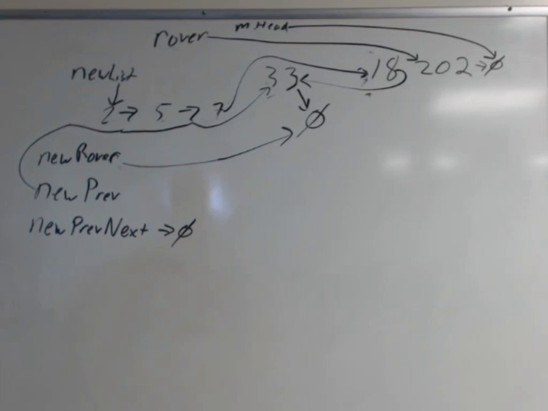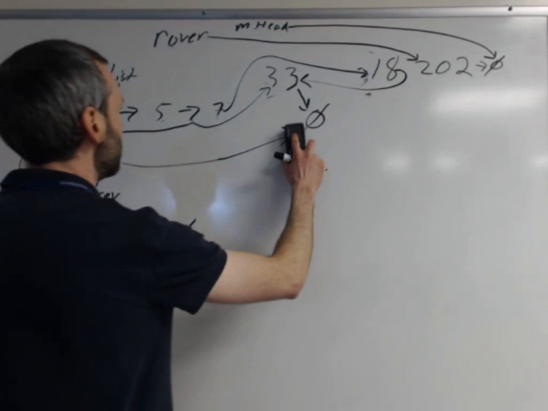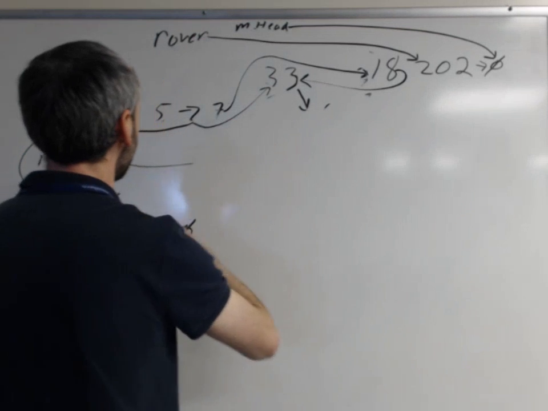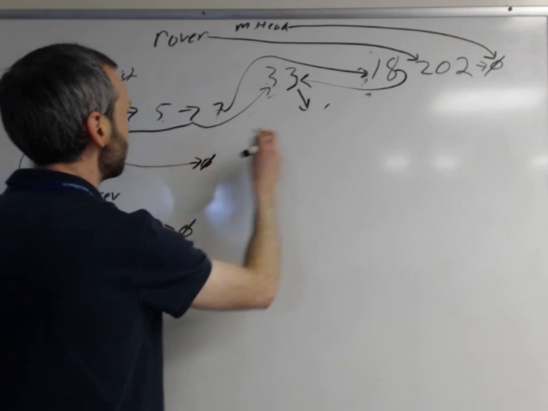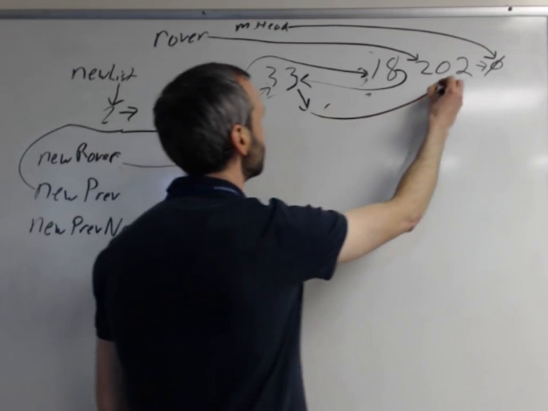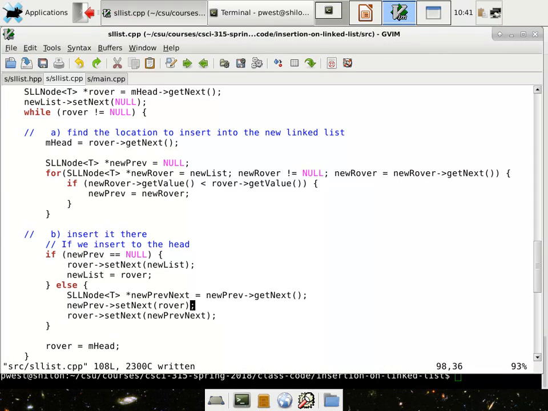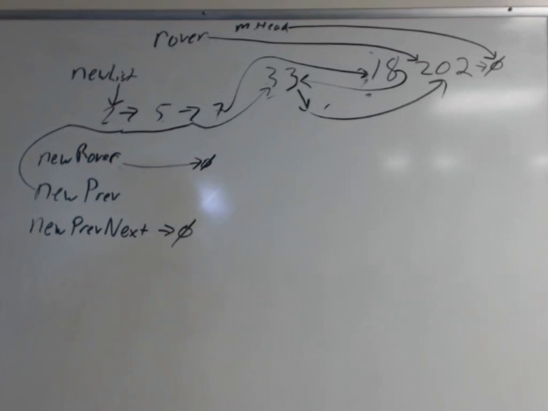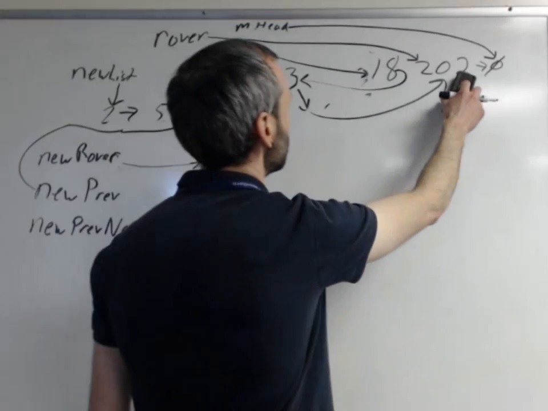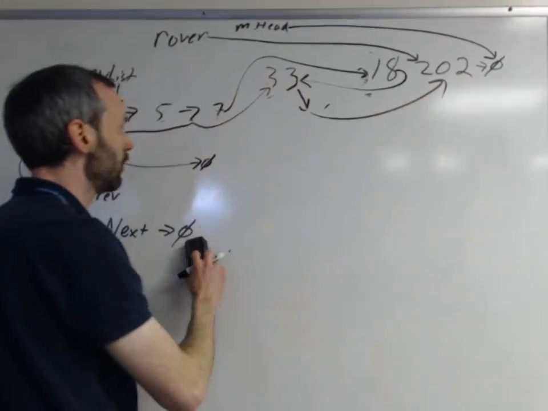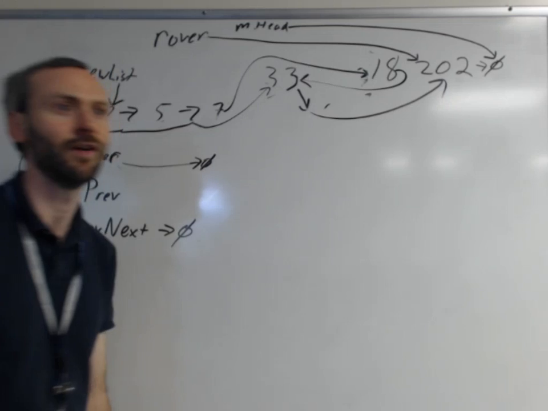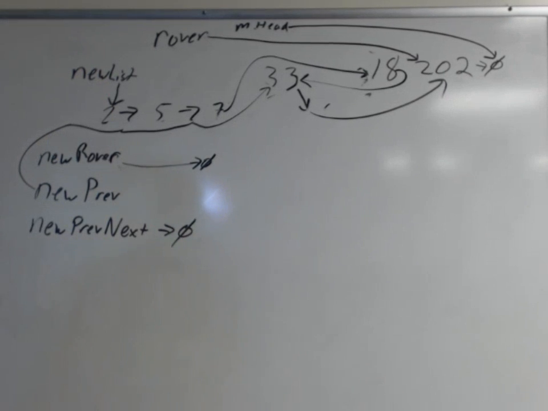New prev set next equal to rover, so that means we're going to set the 33 to point to the 202. Okay. And then we have one line left. Rover dash set next is new prev next, so we're going to have rover, which is 202, its next to be equal to null. It's already null, so we're perfectly fine.